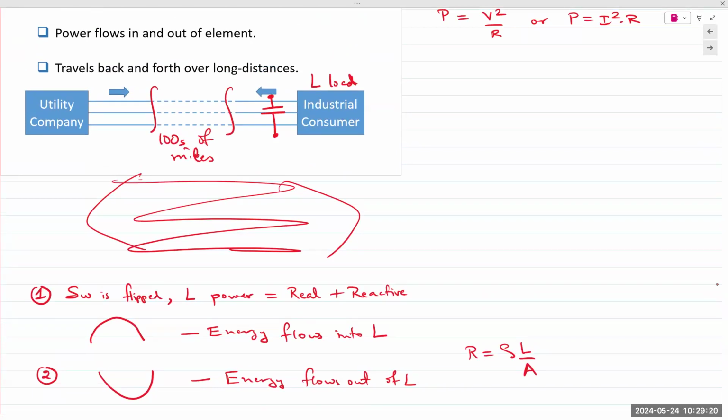It does not have to travel long distances. Make sense? And from that point on, the energy required by the inductor is now supplied by the capacitor. The energy is bouncing back and forth locally between the inductor and the capacitor.